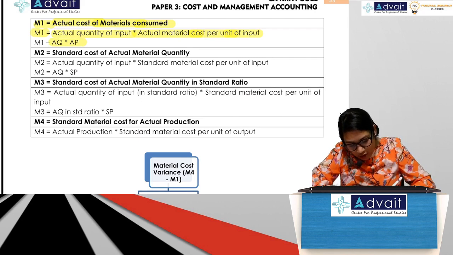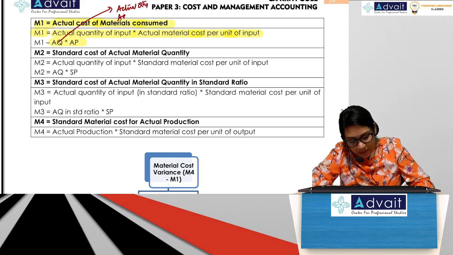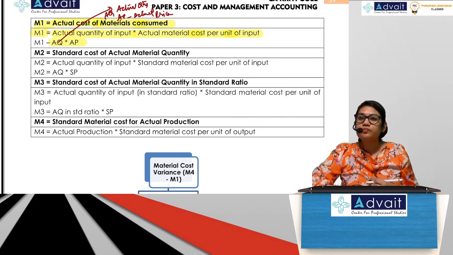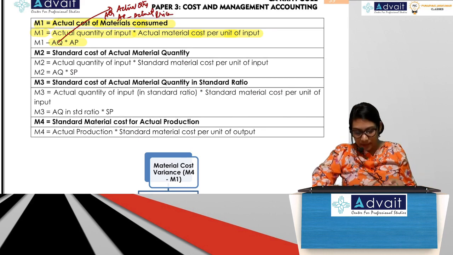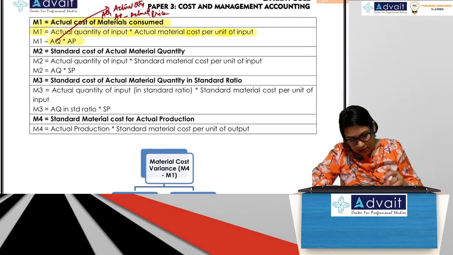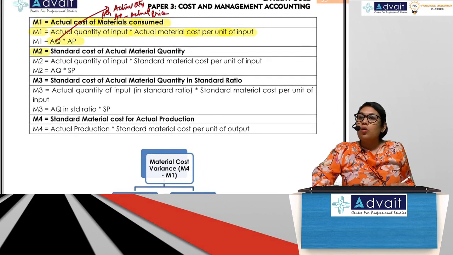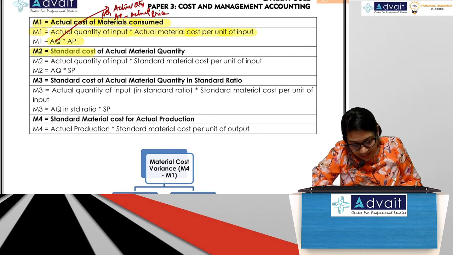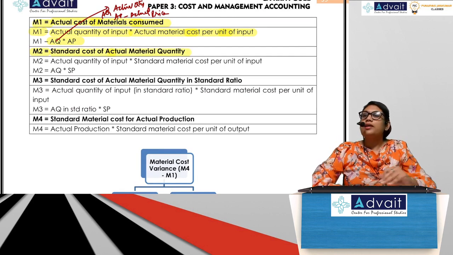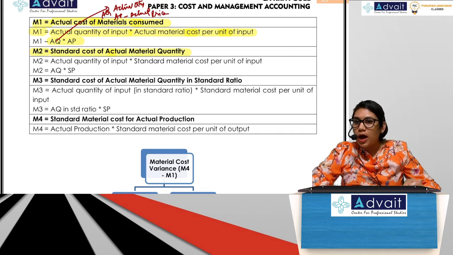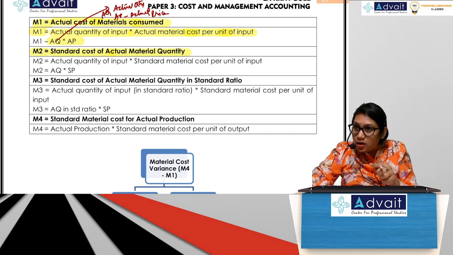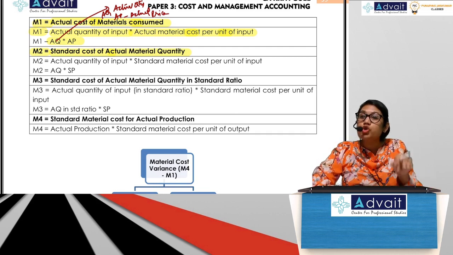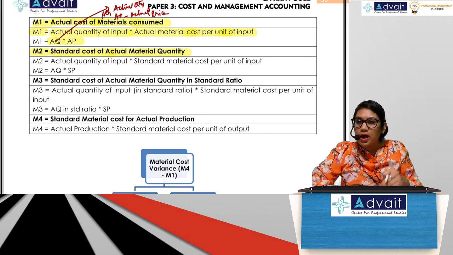So what is AQ? Actual quantity. What is AP? Actual price. Next, M2. What is M2? Standard cost of actual material quantity. So understand the statement, standard cost of actual material quantity. So without seeing that, what do you think M2 is going to be?